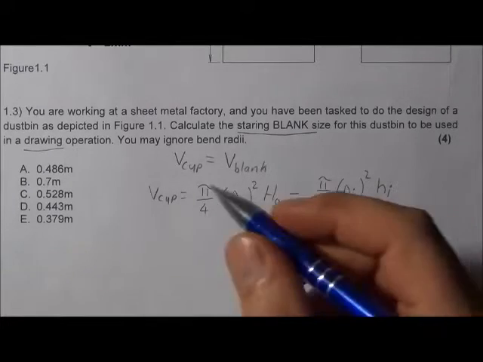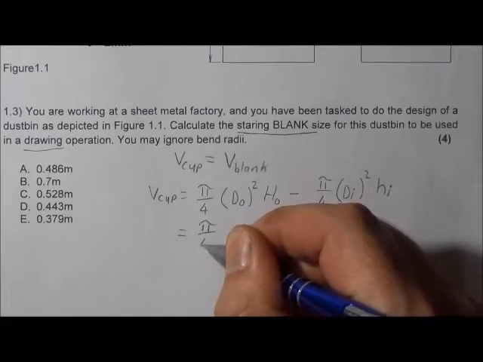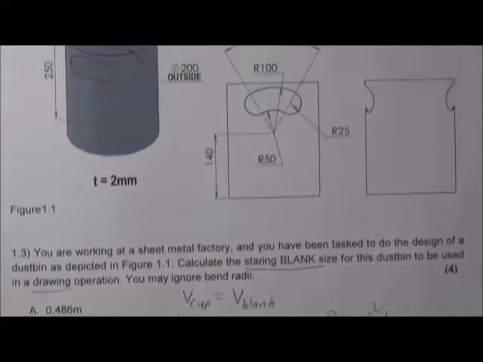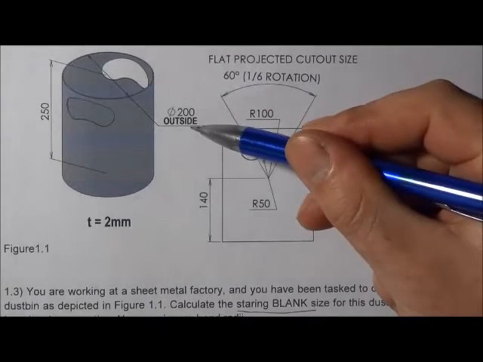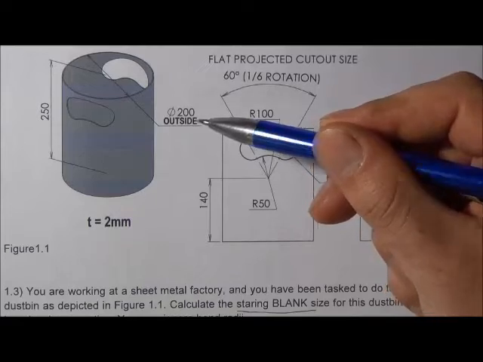good. So the volume of the cup is pi over 4. Outside diameter was given as 200 millimeters.